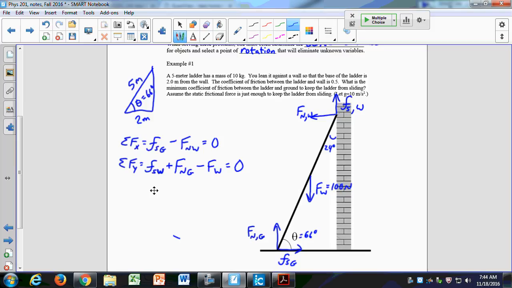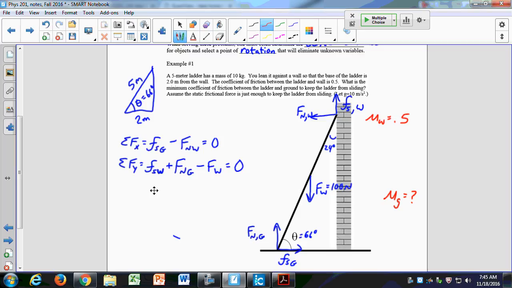Let's remind ourselves of what we know and what we don't know. Do I know FSG? Well, I have the coefficient of friction between the ladder and the wall. That's equal to 0.5, so I'll write that up here: mu for the wall is equal to 0.5. Do I know the coefficient for the ground? No, I'm looking for mu of the ground.